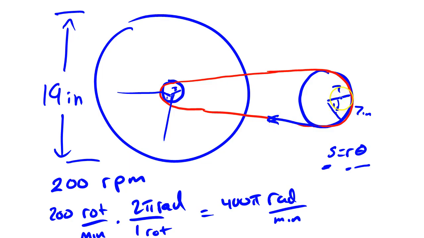If you're turning through 15 radians per second, you're going to be getting 15 times 7 inches of chain. We had 400 pi radians per minute, which is like 1,200 some radians every minute, so 1,200 times 7 is that many inches per minute of chain going through.